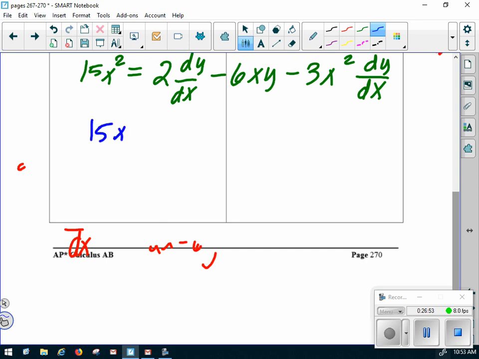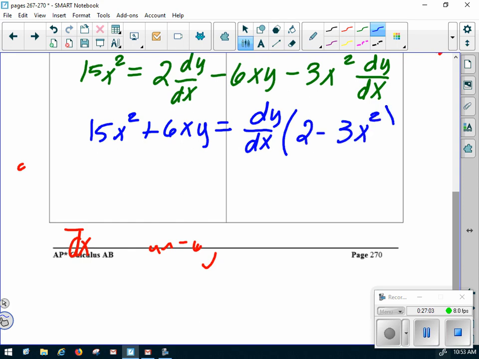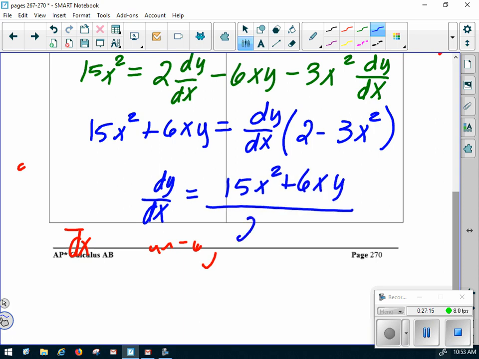15x squared plus 6xy equals dy dx times... Tell me if I screwed anything up.